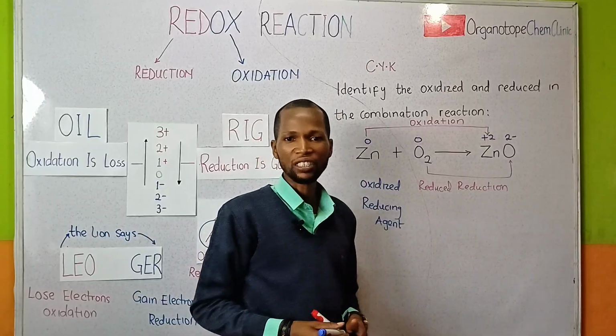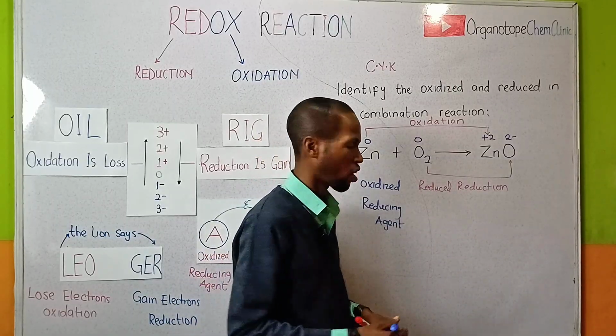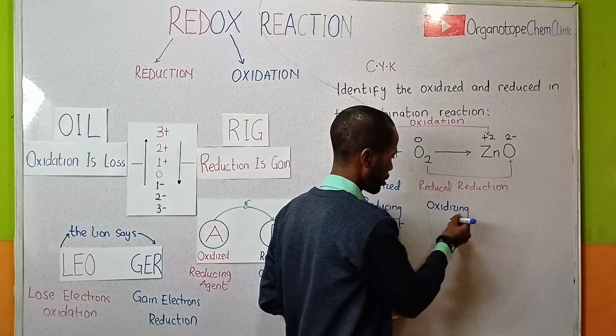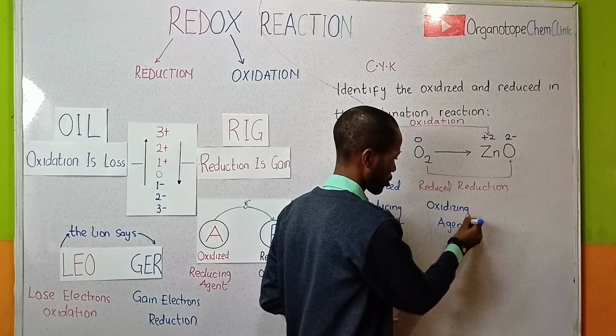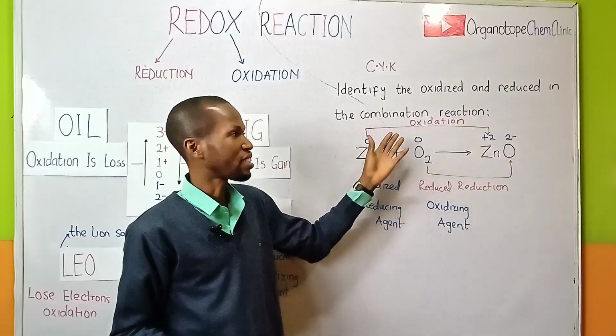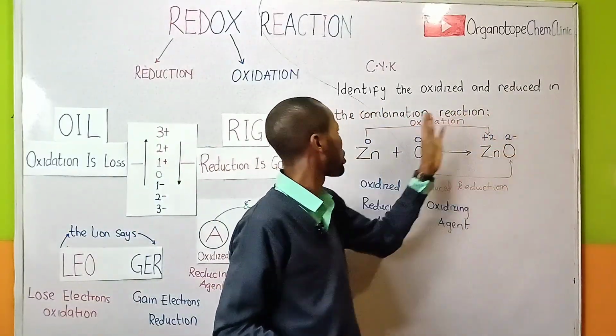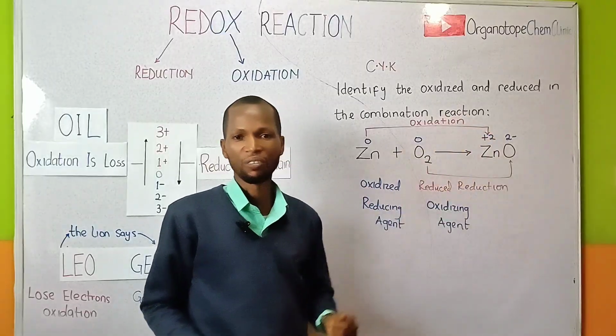While the reduced atom is said to be what? The oxidizing agent. So we've been able to answer this question correctly. Identify the oxidized and reduced in the combination reaction.